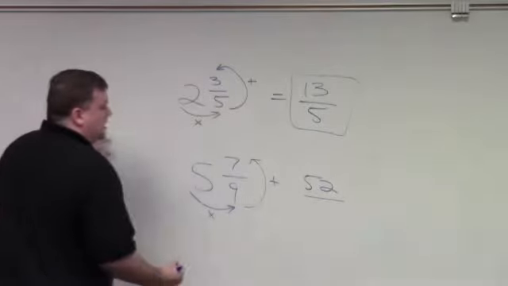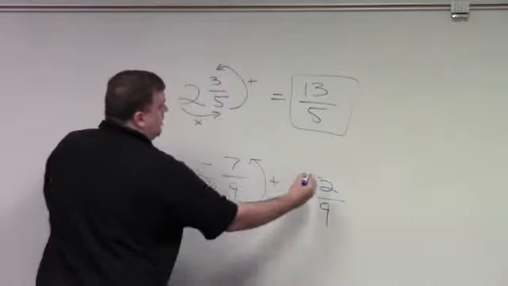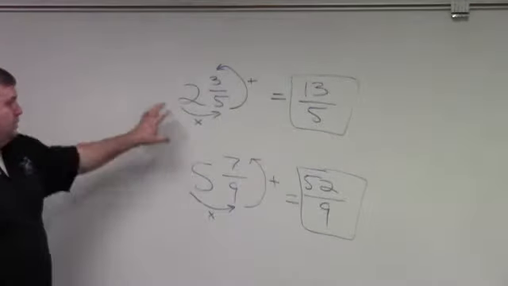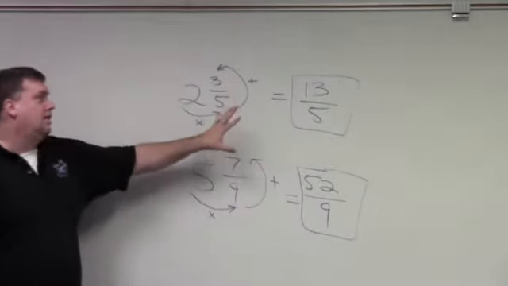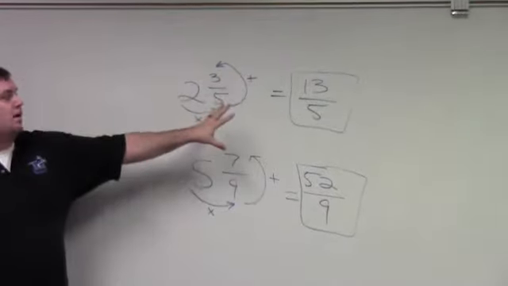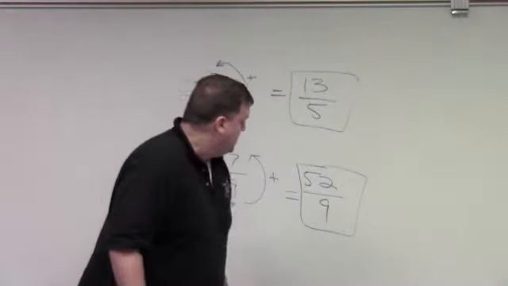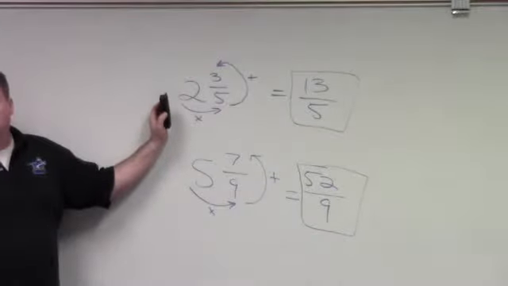Always keep the same denominator. So this equals 52 over 9. So we need to know how to go from mixed numbers to improper, but we also need to know how to go backwards, changing an improper fraction into a mixed number. Okay? So let's try that. Anyone have any questions on these two?